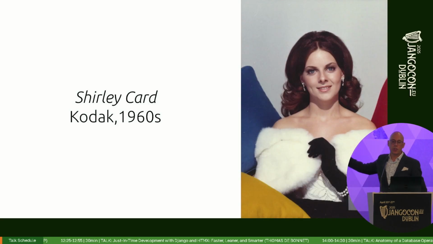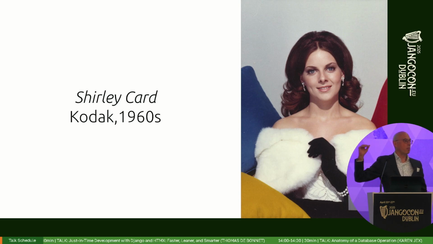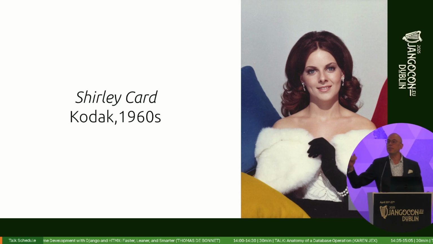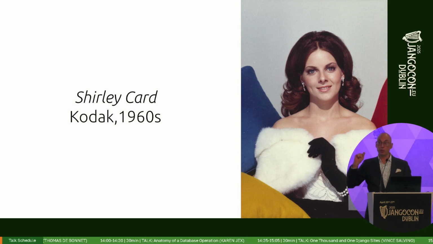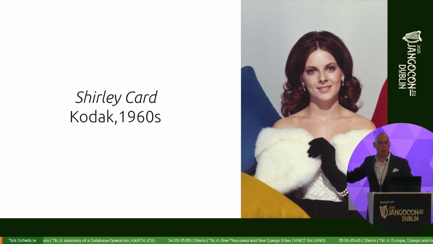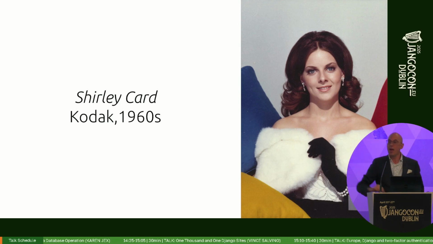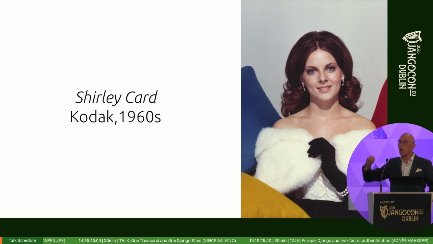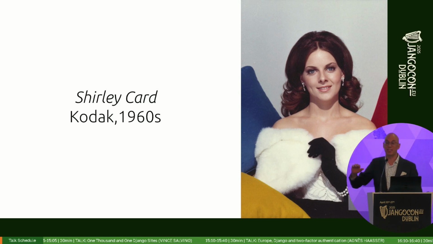This is what's known as a Shirley card, named after the model Shirley Page. From the 1950s, Kodak would send negatives of this image to all of their labs, along with very carefully produced prints, so that the labs could test and calibrate their own setups against this ideal result. And it was a quality system to produce the best results at scale for white people's skin.